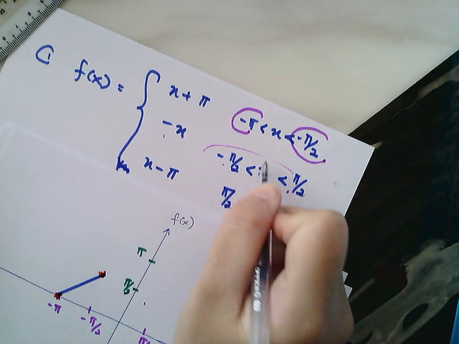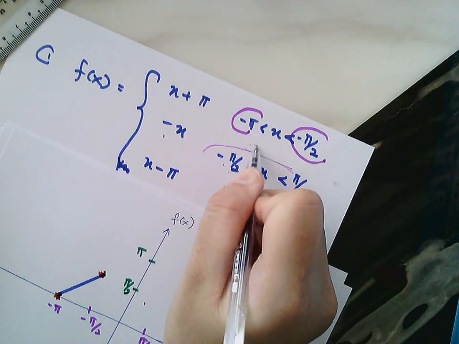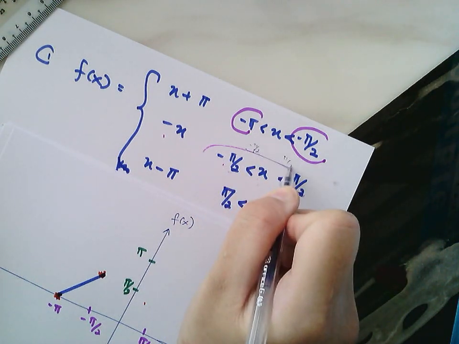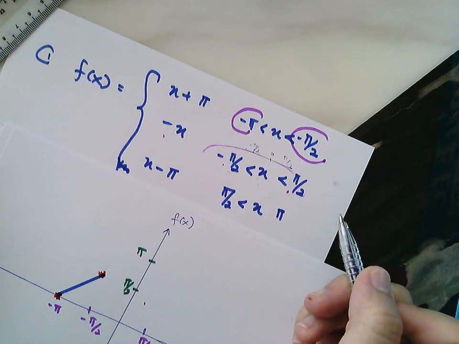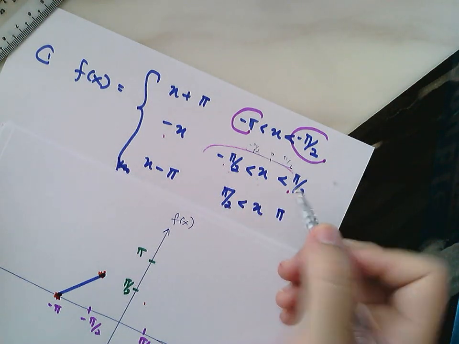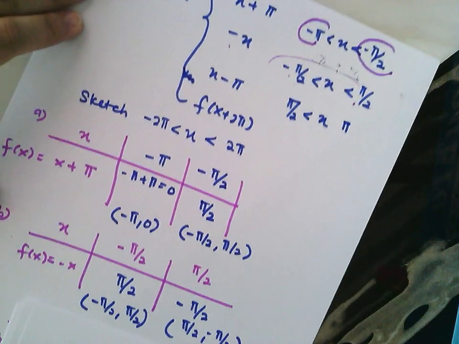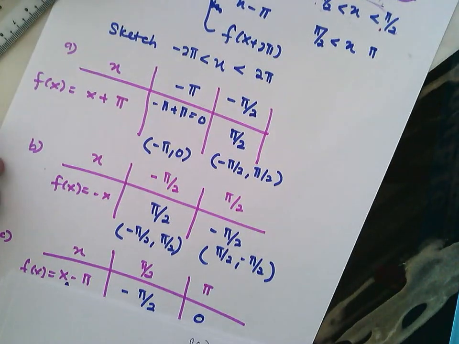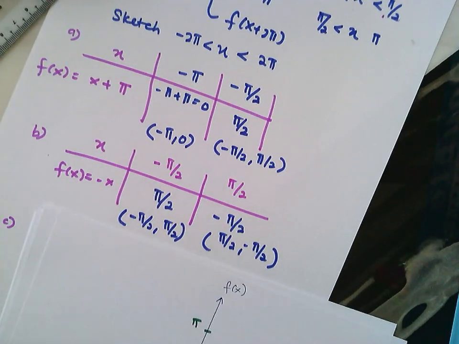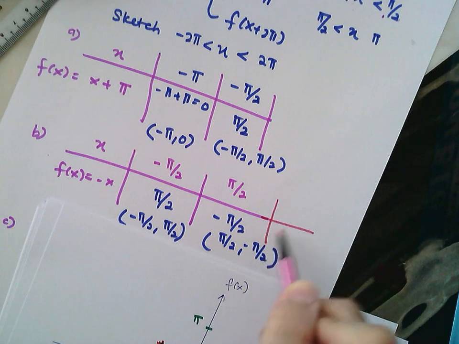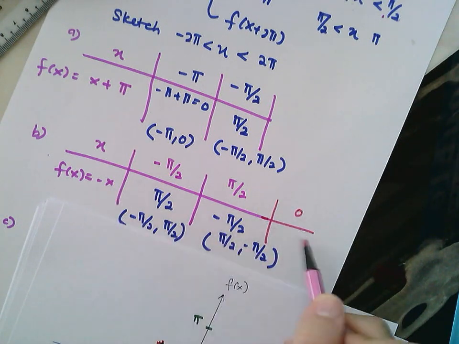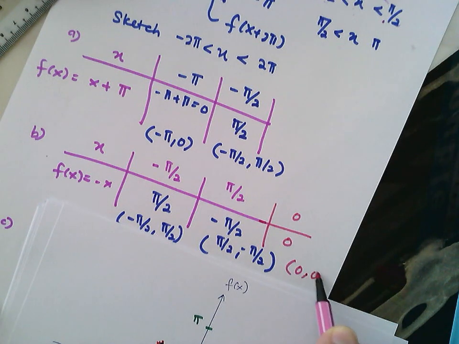So between negative pi over 2 and pi over 2, you have 0. For the second function here, when your x is equal to 0, f(x) is equal to 0. So you have another coordinate 0 and 0. So 0, 0 is here.